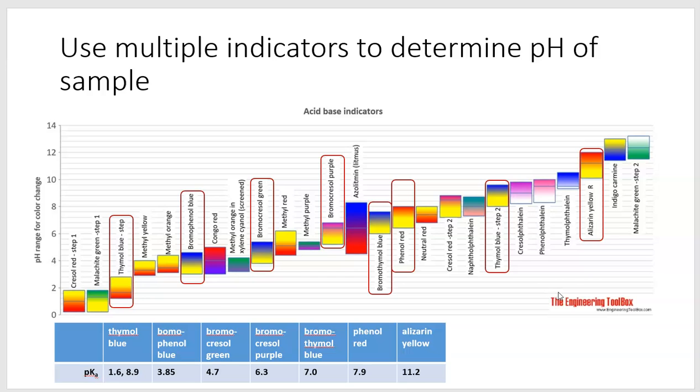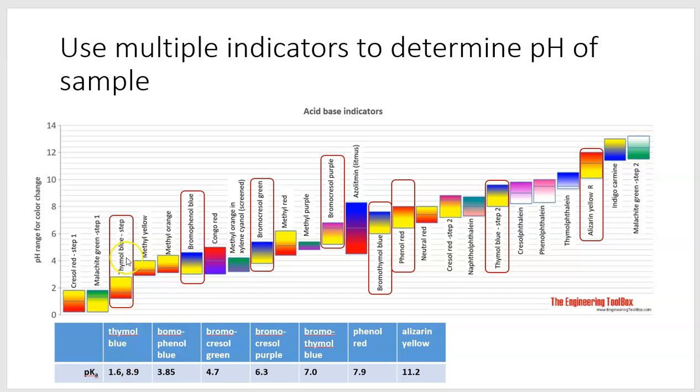This is a figure that I found online, and it happens to include all the dyes that are used in this experiment. You can see that each of them has different pKa's, and thymol blue actually has 2 pKa's, like we saw in the last slide.